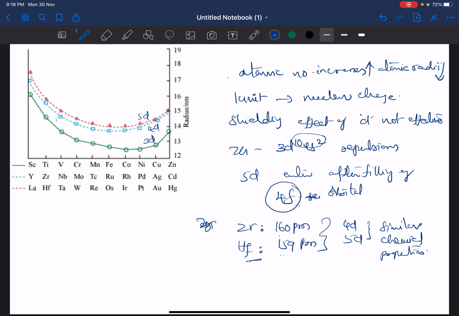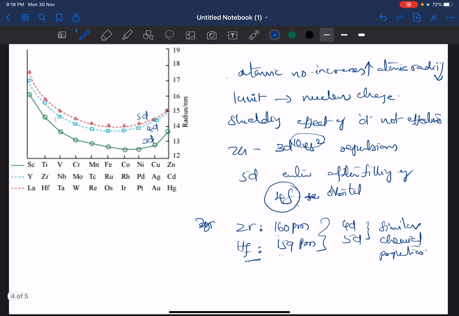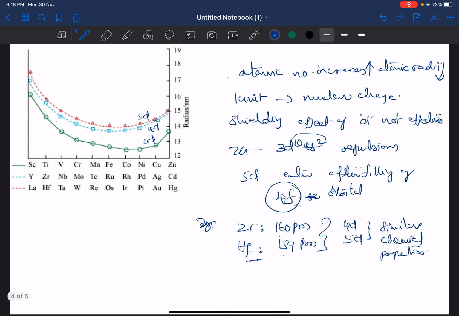And next one is the ionization enthalpies. Due to the increase in nuclear charge, there is an increase in the ionization enthalpy. So the nuclear charge increases, the atomic radius decreases, and so these d block elements have the highest IP values.